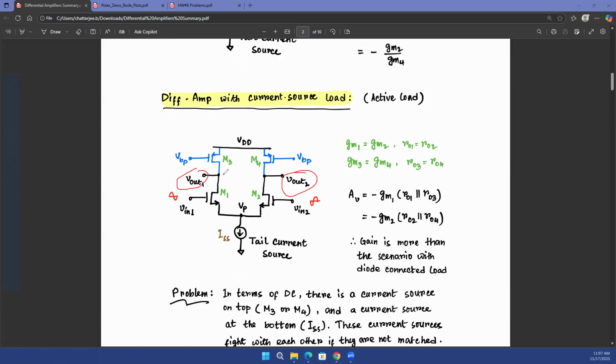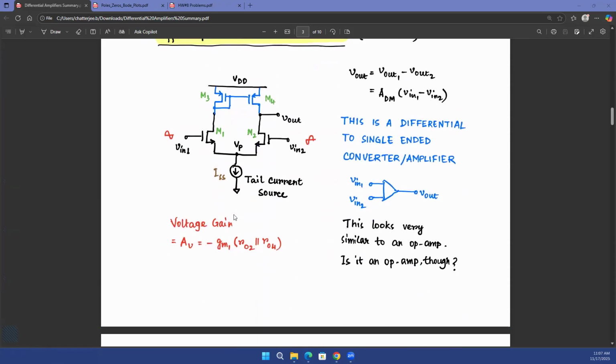That's the differential output. By having the current mirror load, you automatically do the subtraction, and I'll prove that. You don't have to take my word for it. We'll prove that your output voltage is going to be the subtraction of the original Vout1 minus Vout2 that you had seen in the previous slide, which is going to be the differential mode gain multiplied with V1 minus V2.